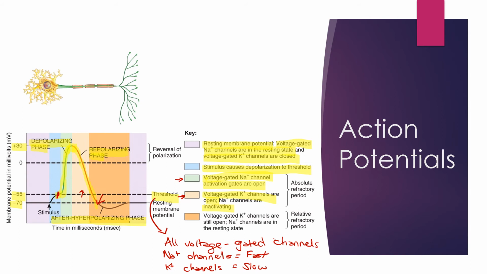This allows more potassium ions to leave the cell, and it causes the cell membrane to go more negative than that resting membrane potential. And then they close completely, and with the help of the sodium-potassium ATPase pump, the cell gets back to that resting membrane potential.